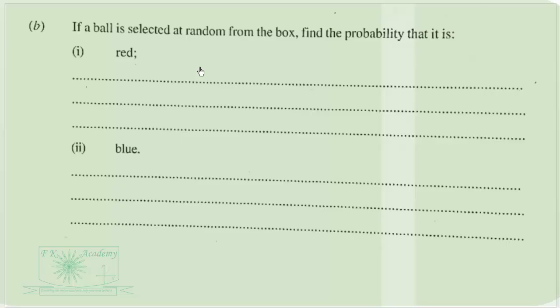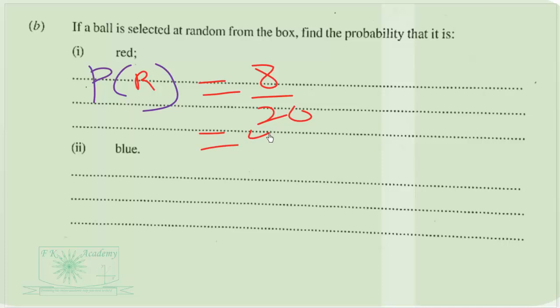So probability that the ball is red will be equal to number of red balls over total number of balls, which is 8 over 20, or 2 over 5.